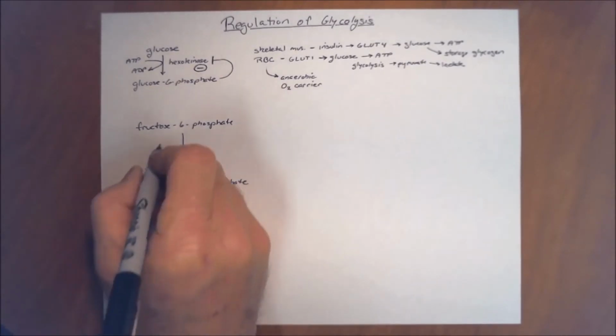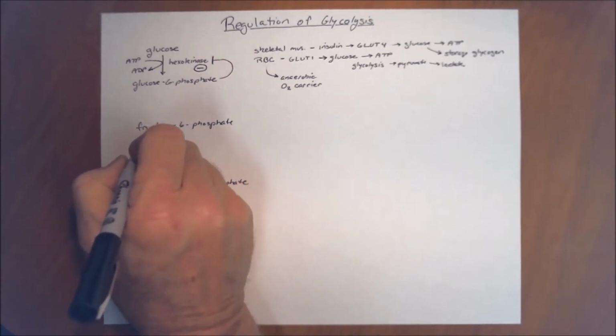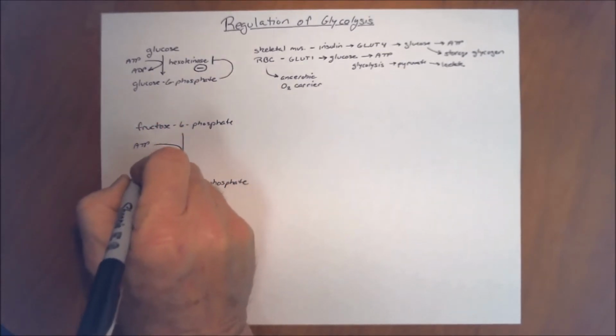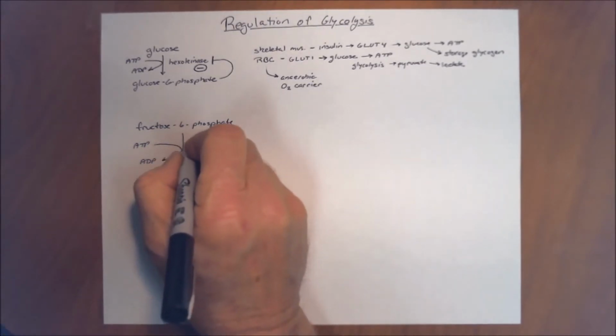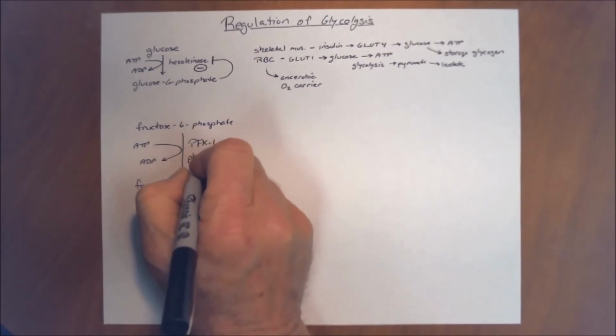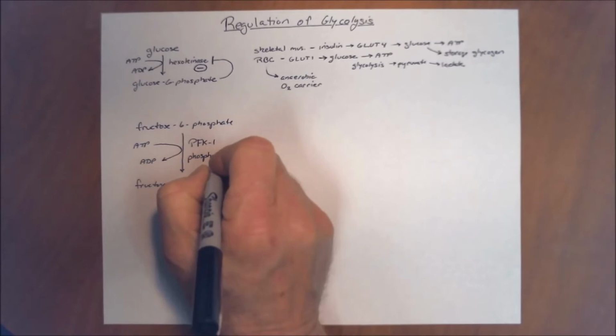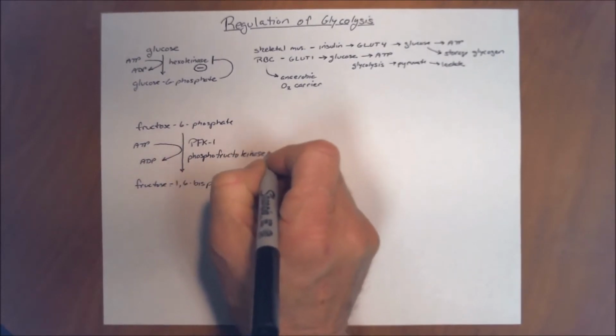This, of course, is another preparatory reaction in glycolysis, so we are going to be using ATP at this level, converting it to ADP, and the enzyme that does this is PFK1 for phosphofructokinase 1.